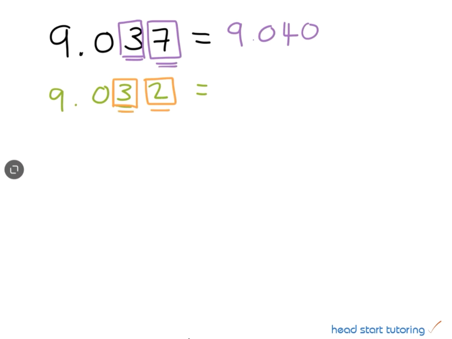We are not going to add another hundredth to this number. It is just going to stay the same. So we end up with 9.030, or 9.03, and the reason for that is because this 2, or the place value to the right of our hundredths, which we were rounding to, was less than 5.